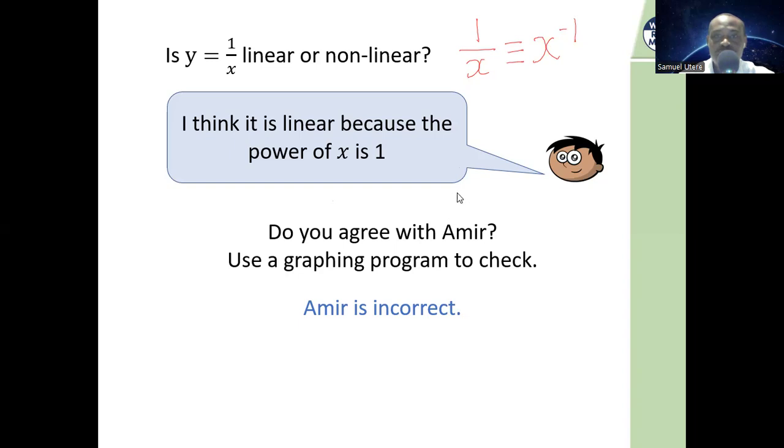So when you see something like y equal to 2x or y equal to 1 plus 2x, the x is power 1. So this is not power 1, it's negative 1. So it's not linear. Okay?